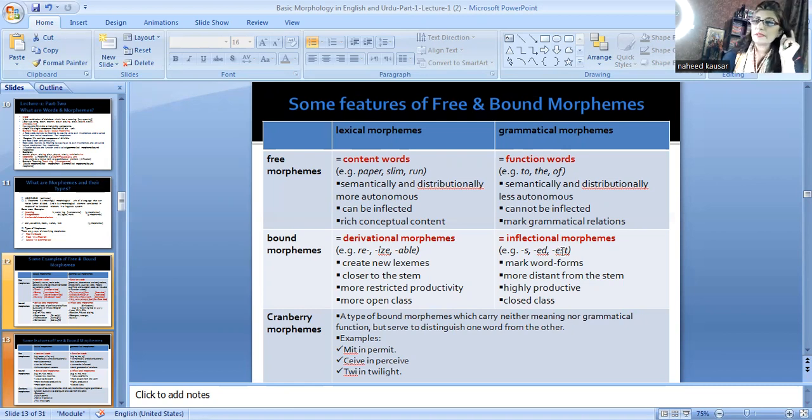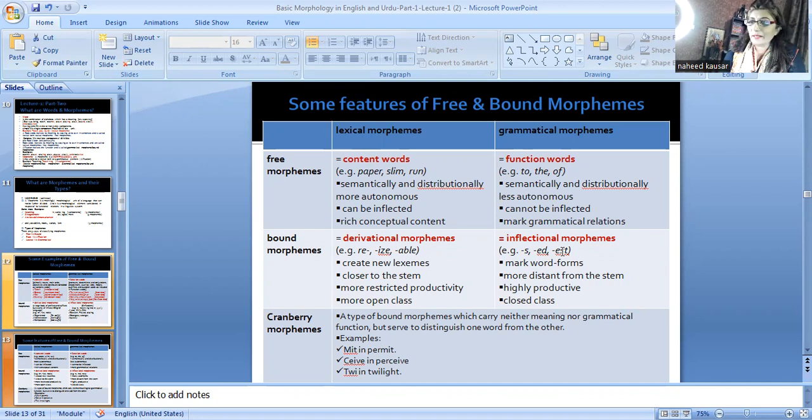I will certainly give you a satisfactorily lengthy detail on these morphemes by the time I give you the lecture on the types of morphology and the methods of morphology.